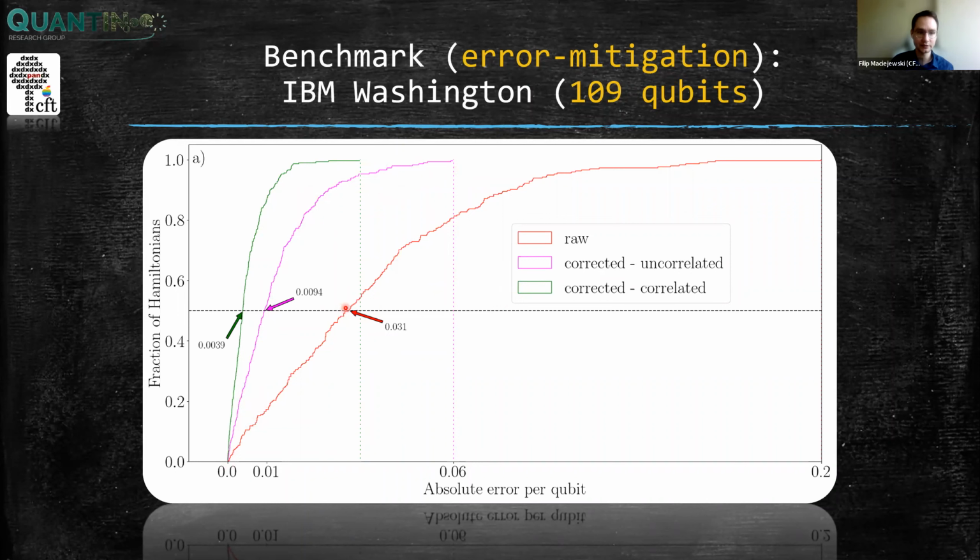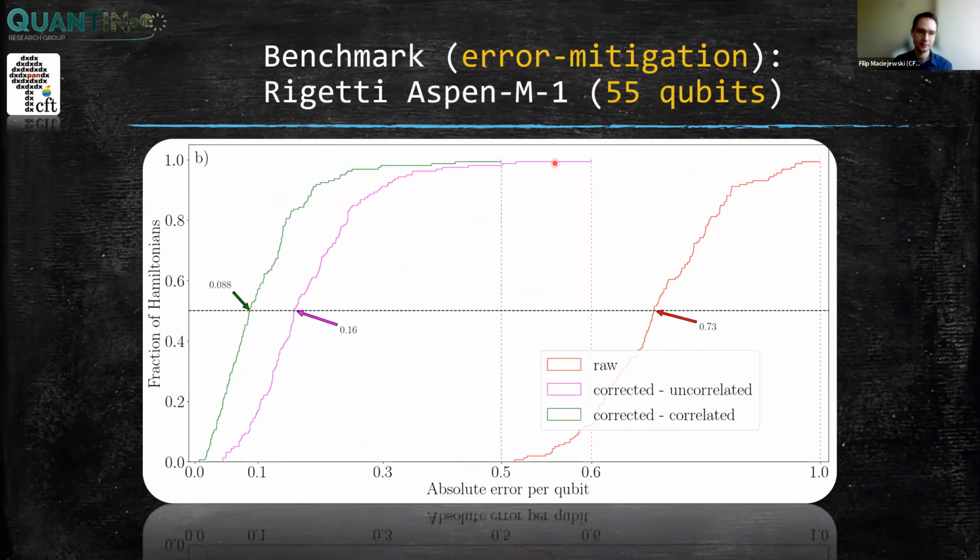So it corrects a lot. It's pretty good. But if you use this a little bit more complicated noise model that you still can efficiently characterize using those methods that I introduced, then you have an even bigger reduction. So this is quite a significant factor here. Okay, so those are results for IBM, and also similar results for Aspen.